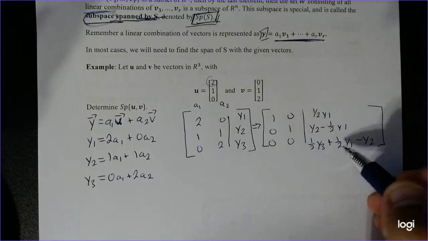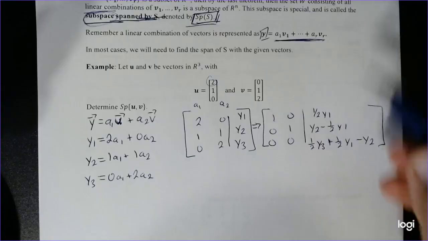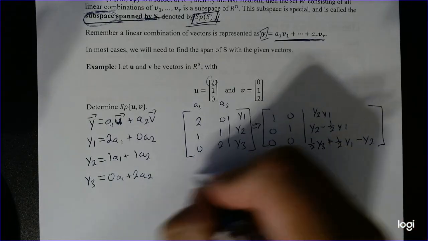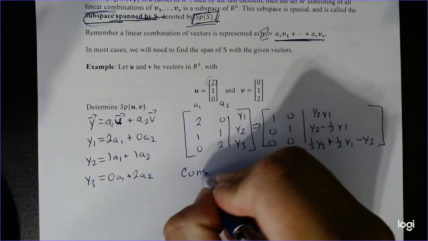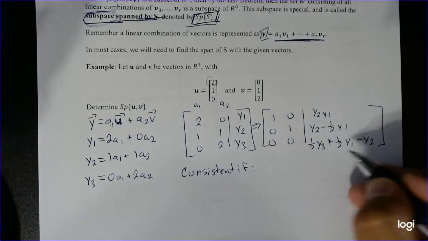All right, so what does this give us? Remember, we want a linear combination, so we need an actual solution. This says it's consistent, or we actually have a solution, if this equals 0.